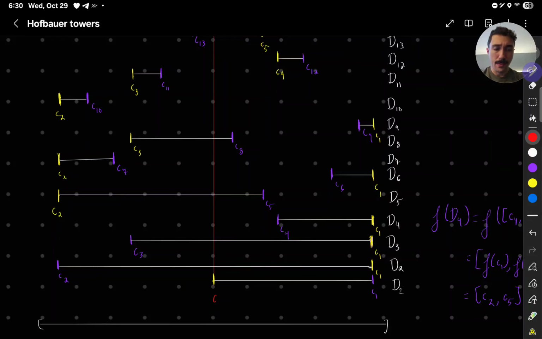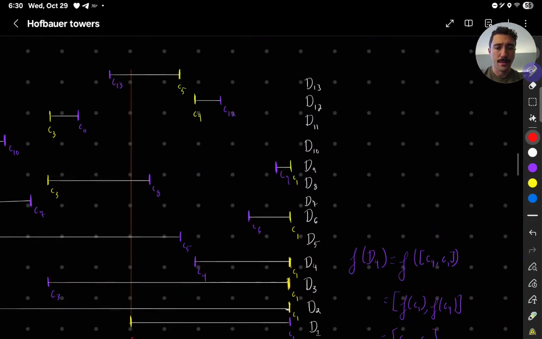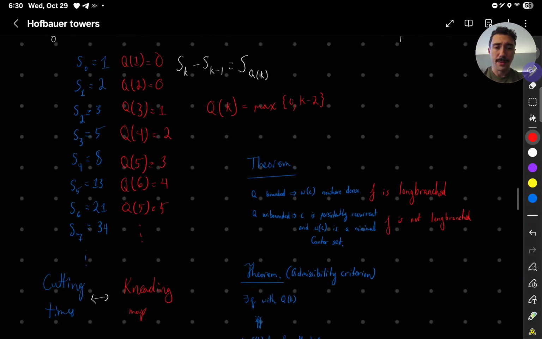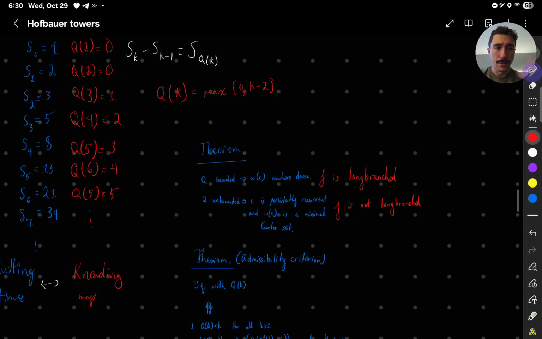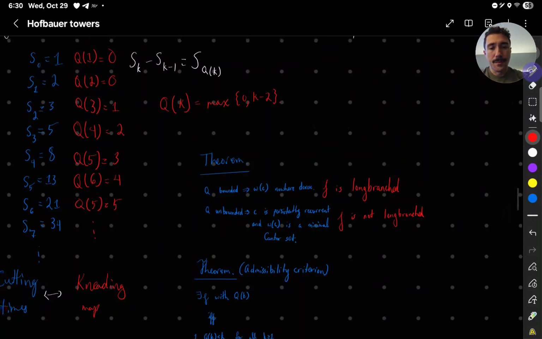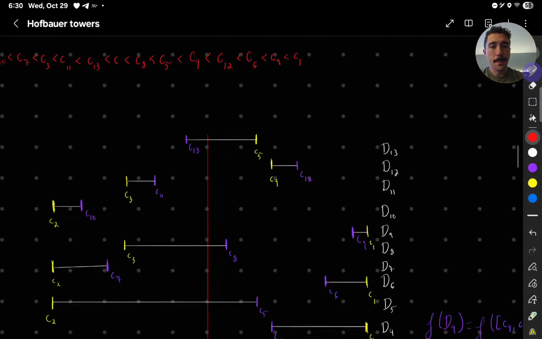Is it actually recurrent? But the Hofbauer towers can actually tell you that. You just have to compute the kneading map and ask, is it bounded or not? And if it's bounded, then you don't have the critical point being recurrent unless it itself is a periodic point. So it lies on a periodic cycle. And if Q is unbounded, then you know that you have recurrence for the critical point.